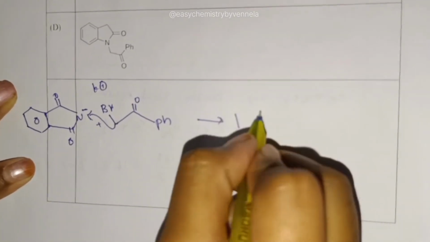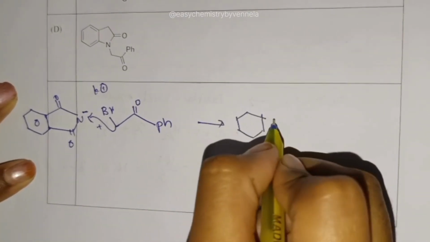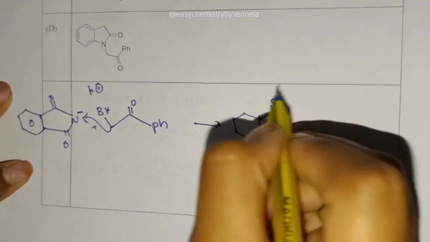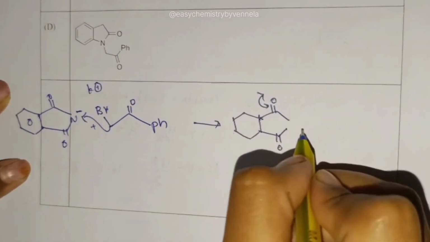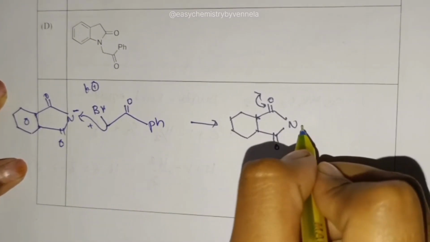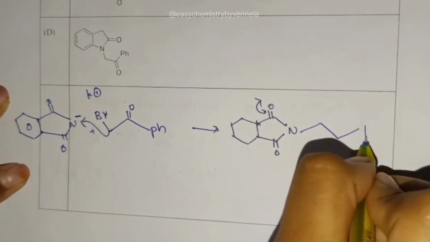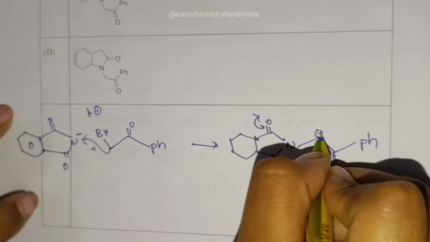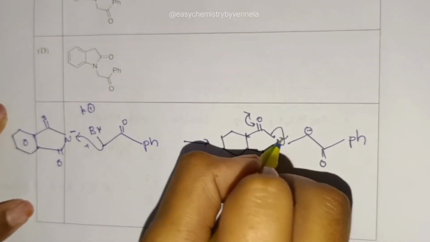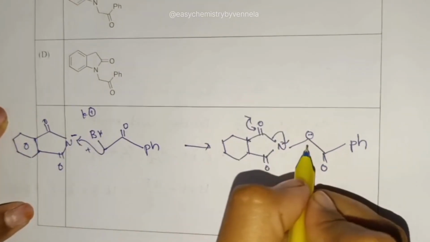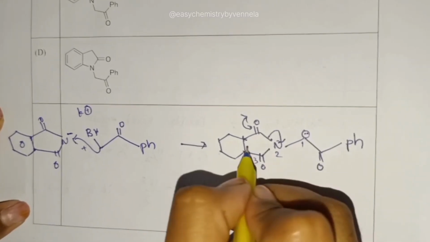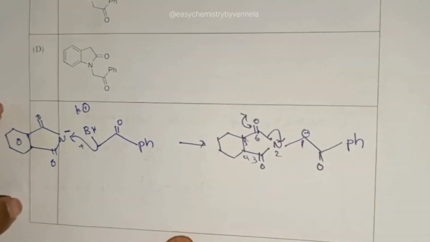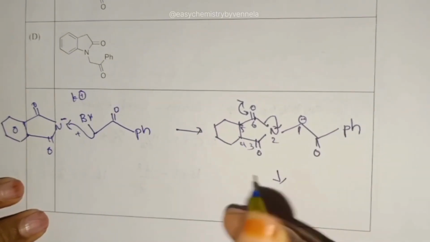After this, here back-to-back resonance is there. Nitrogen, double bond O, negative charge. This bond migrates here. So 1, 2, 3, 4, 5, 6. This 1 and 6 will attach.